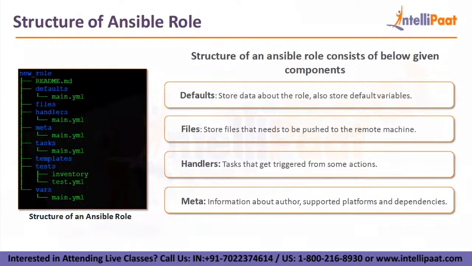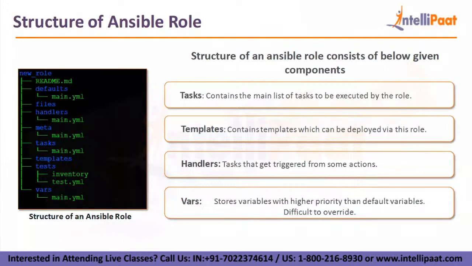Meta is just information about that particular role or playbook, just information. Tasks contain the main list of tasks to be executed by the role, that means our instructions. Templates contain templates which can be deployed via the role. Handler tasks get triggered from some action.